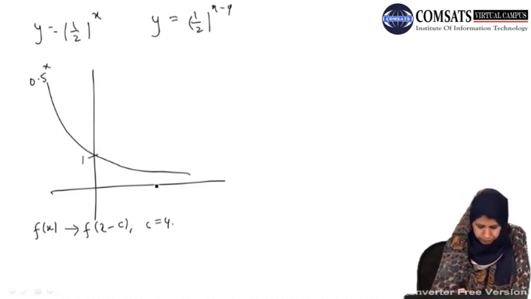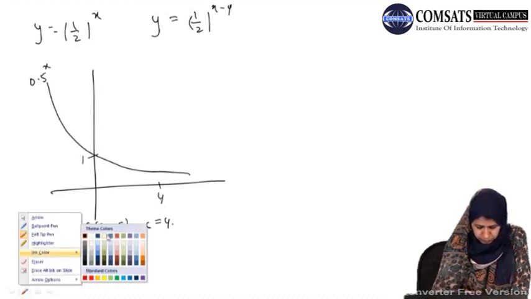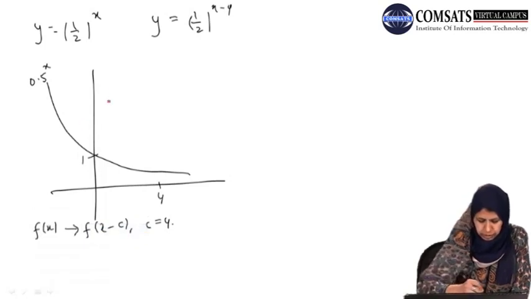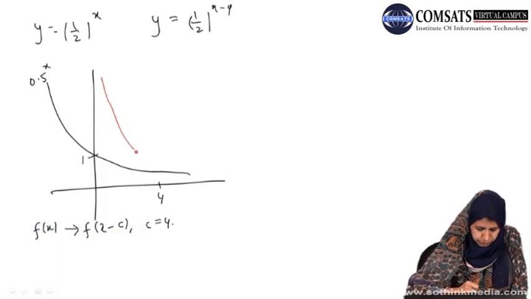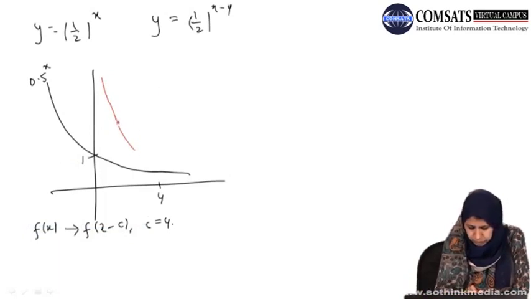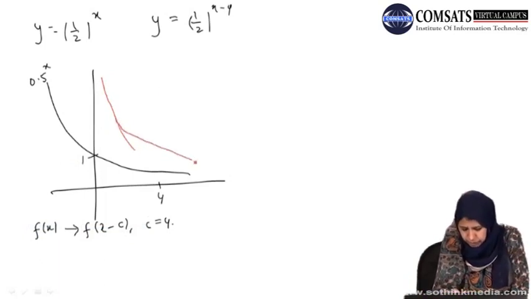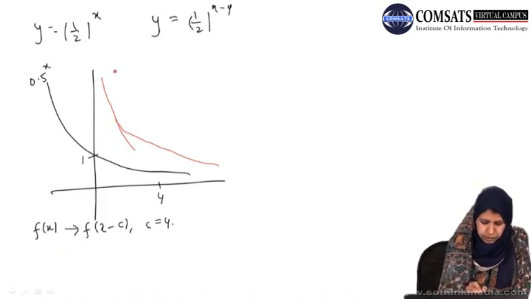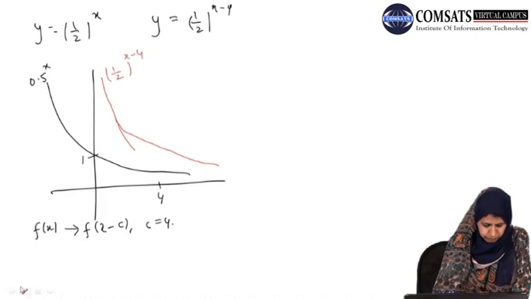That is, if this is equal to 4, then the graph will be obtained by shifting the graph to the right 4 units, and this is the graph of 1 by 2 to the power x minus 4.